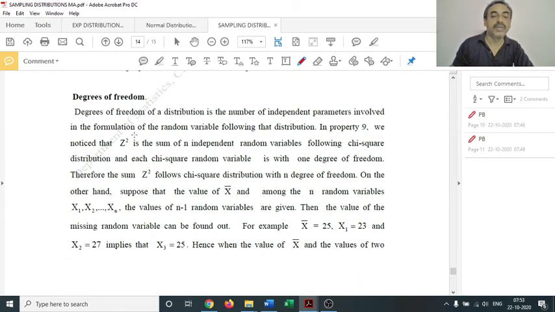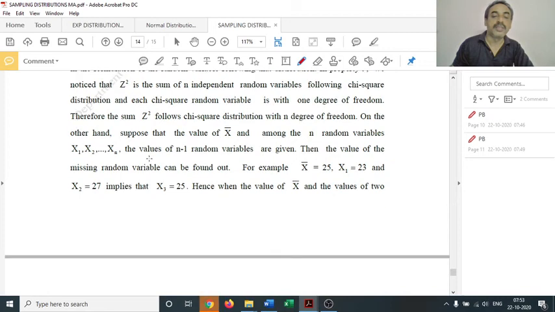Next, we have the concept of degrees of freedom. It represents the number of independent parameters involved in the formulation of a random variable following that distribution. In property 9 of chi-square distribution, we notice that there are n independent random variables in the formulation of chi-square distribution, and that's how we have degrees of freedom as n.